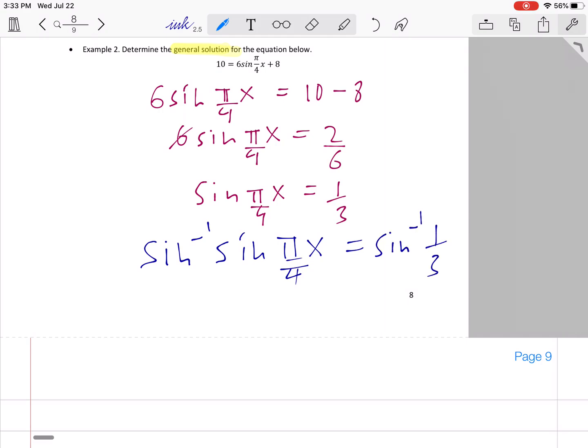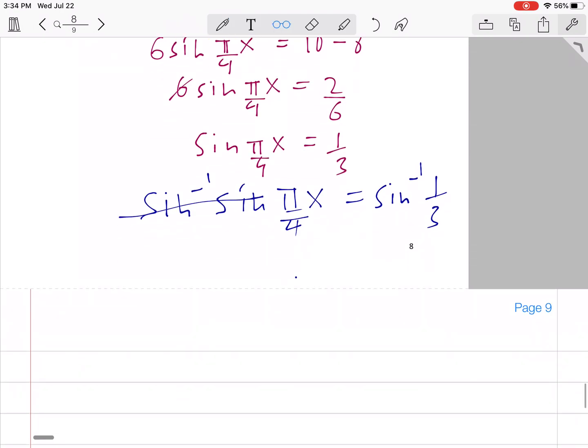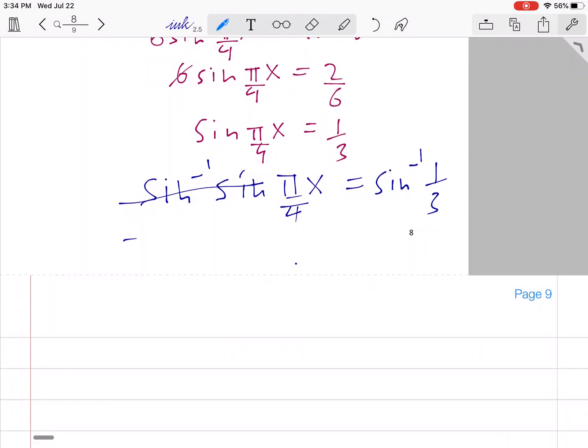This inverse sine is going to cancel out the sine, and that just leaves you pi over 4x. So pi over 4x is going to be equal to the inverse sine of 1/3 in the radian mode.